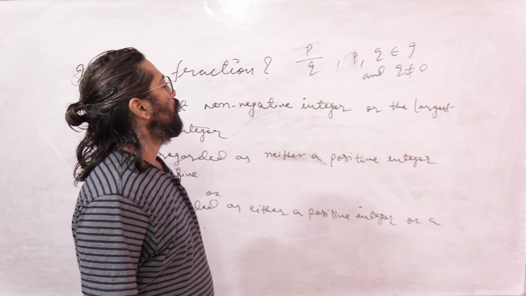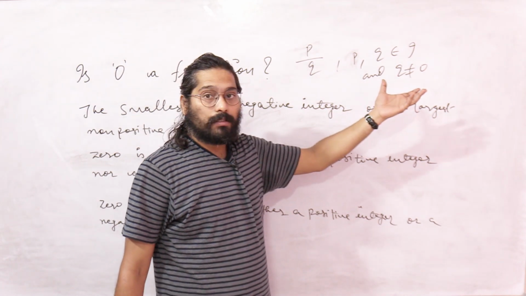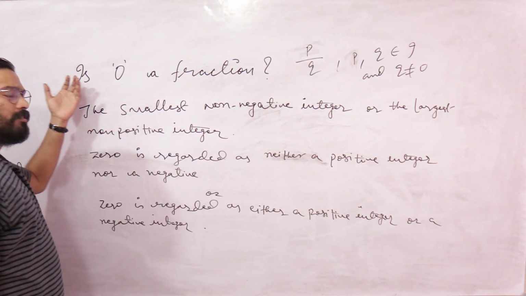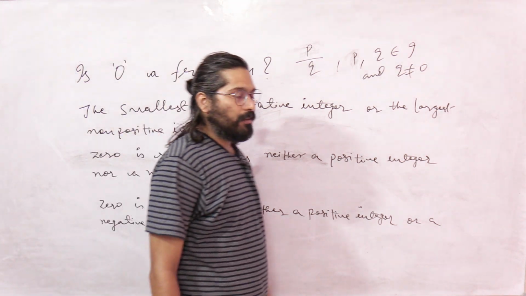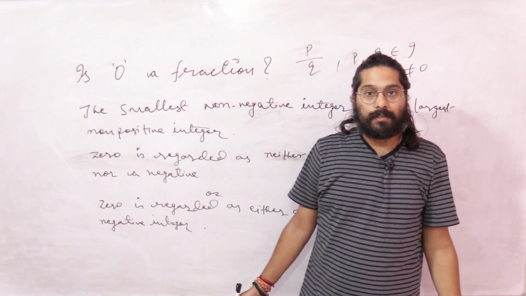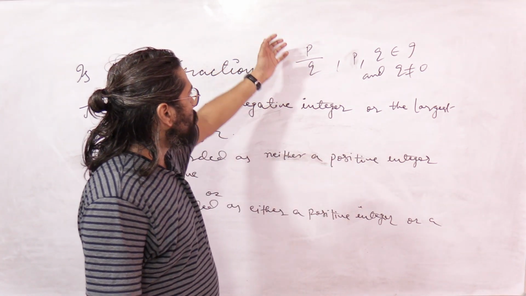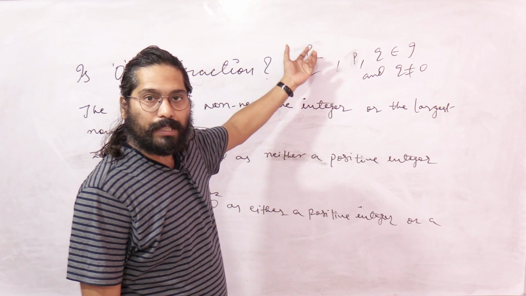So, because 0 is a rational number, you can think, yes, therefore 0 is a fraction, because every rational number is basically a fraction, right? Because a rational number is always a ratio, a fraction of two integers p and q.